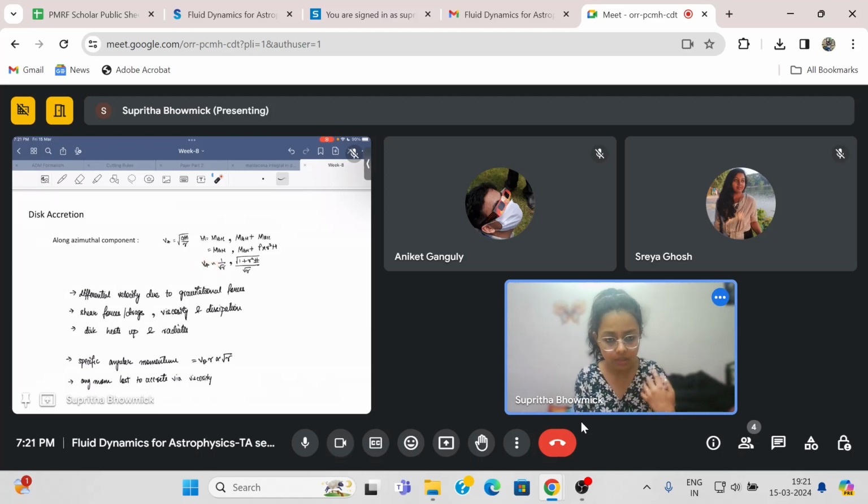What does this mean? That you have a differential velocity. This is solely due to the scaling of the gravitational force. And whenever you hear differential velocity, there should be bells ringing. This means that there are shearing forces. If layers have differential velocities, then there have to be shear forces and drag forces arising between these layers.